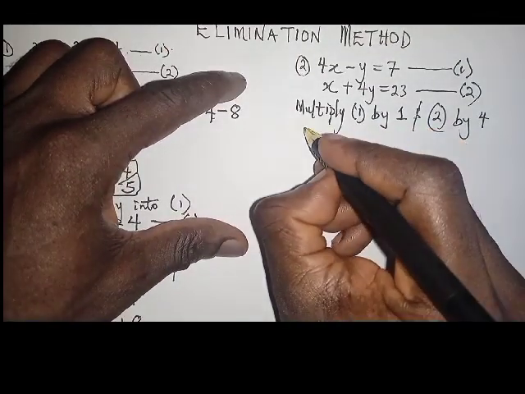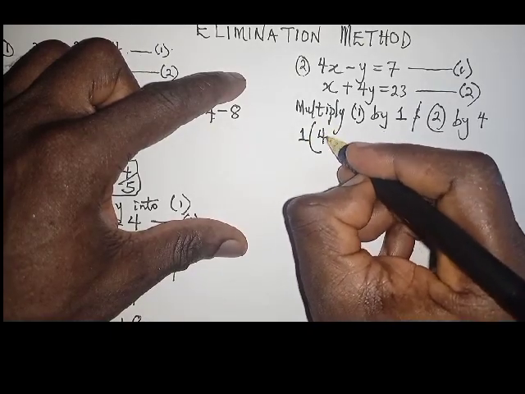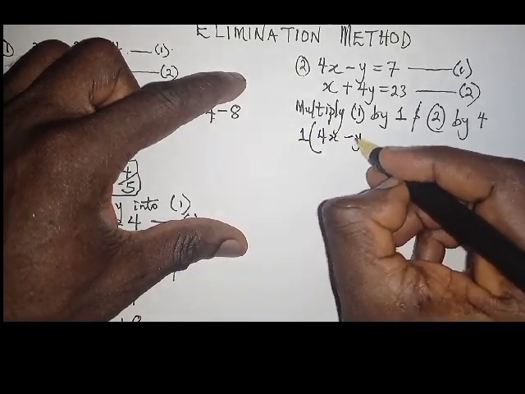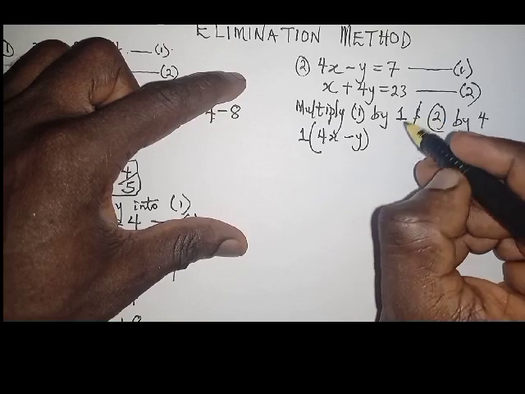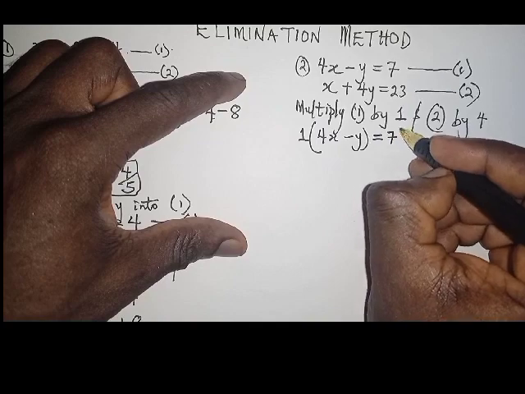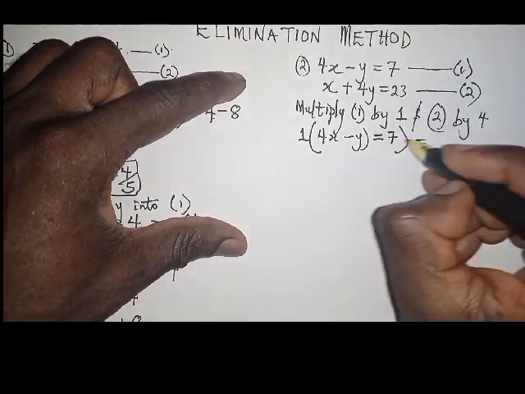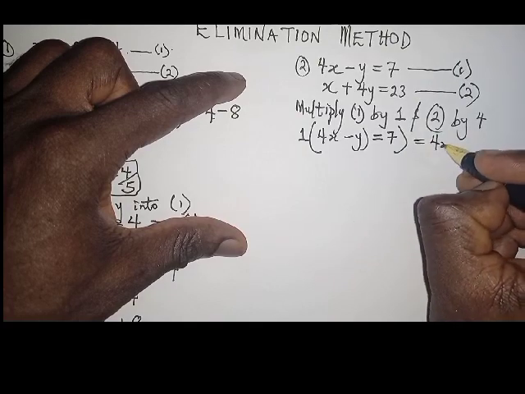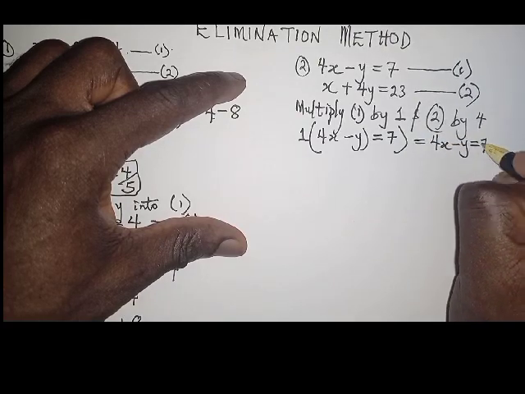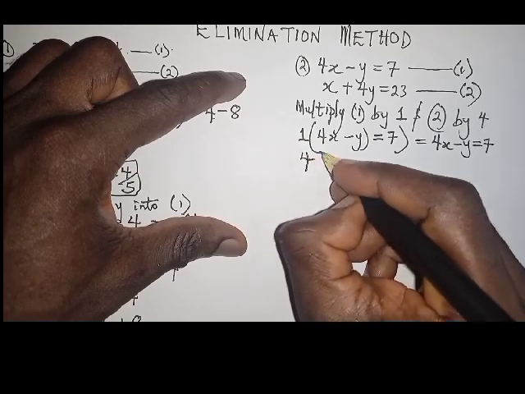Then equation 1 is being multiplied by 1. So this is going to be 4x minus y. I'm multiplying everything, so that's going to give me 1 times this, which is still the same thing: 4x minus y equals 7. Then for equation 2, I'm multiplying by 4.